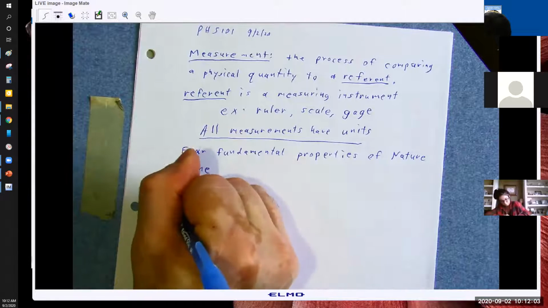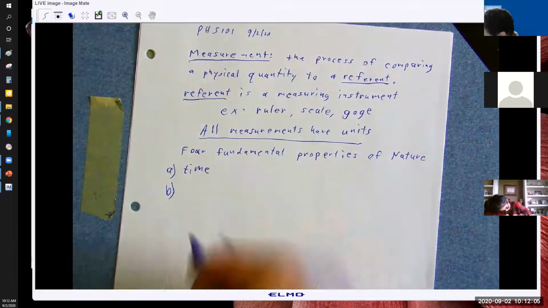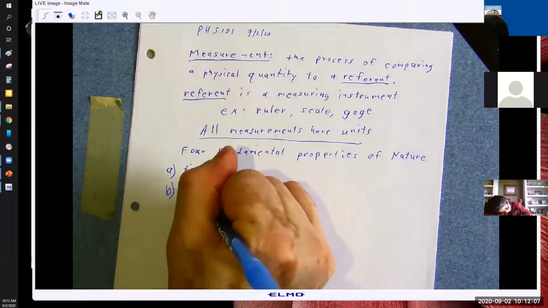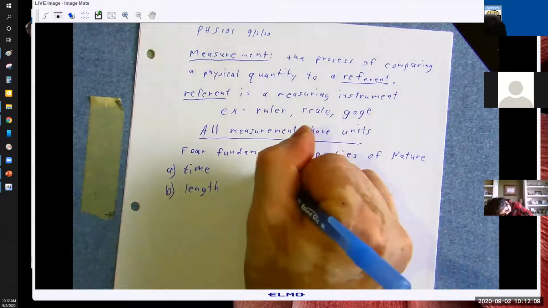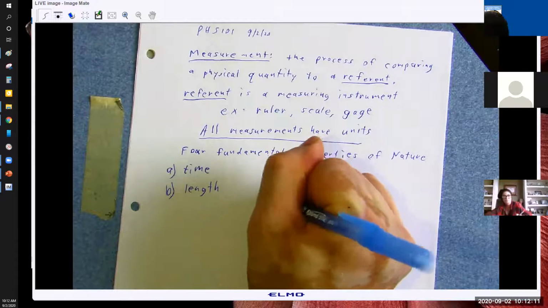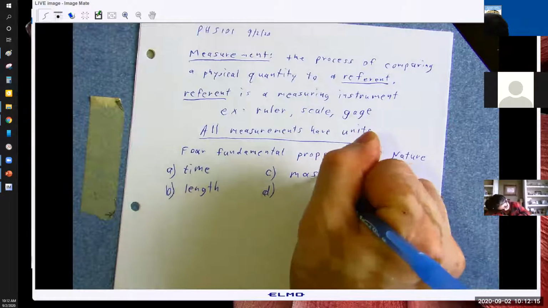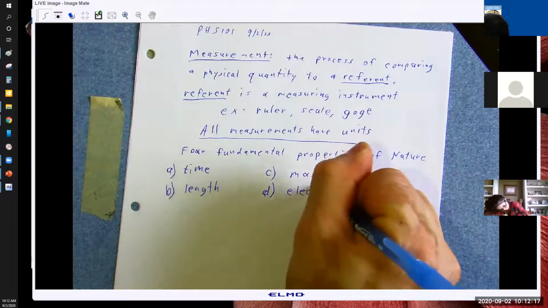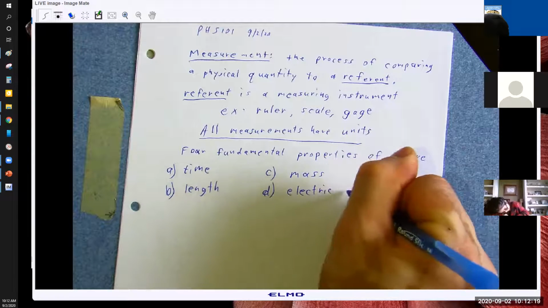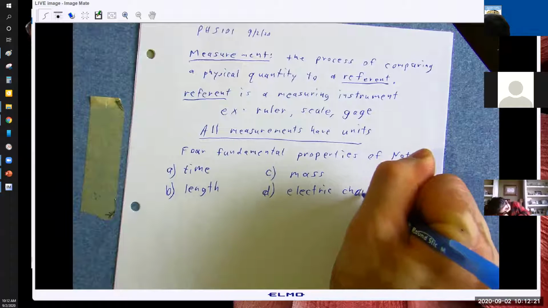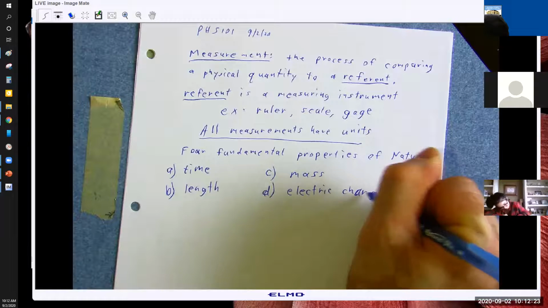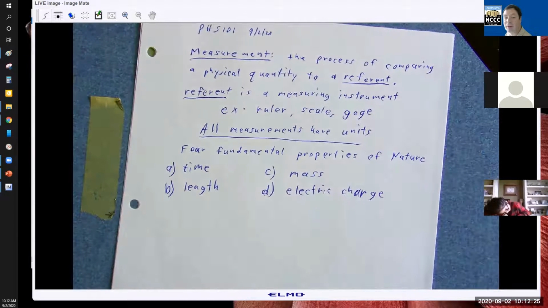So we have time, we have length, we have mass, and electric charge. These are the four fundamental properties that give rise to the different units we use.